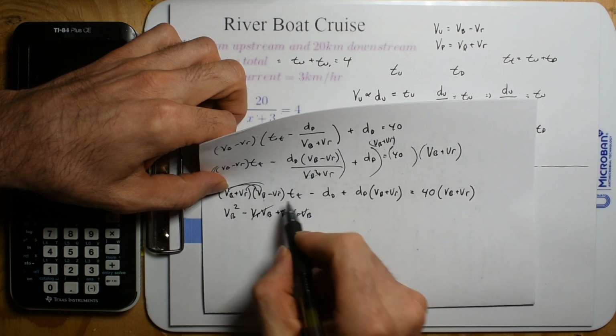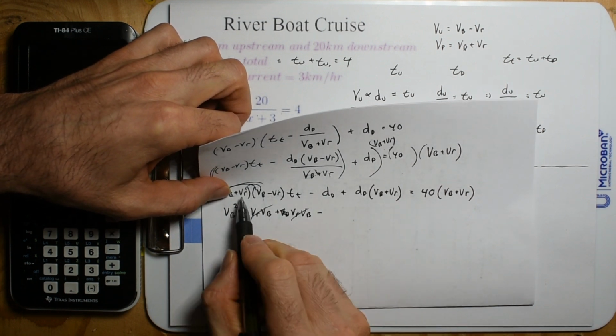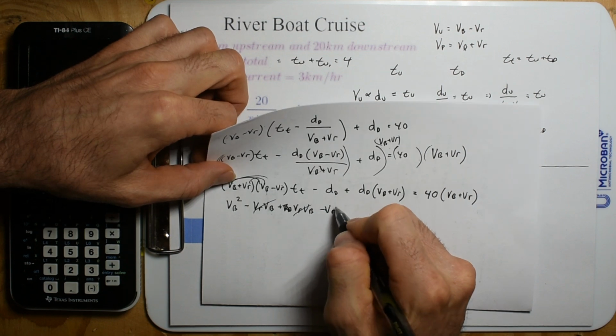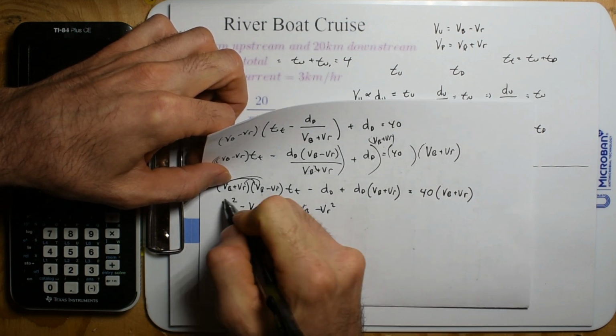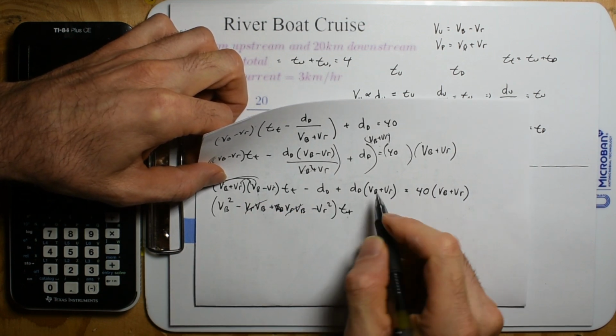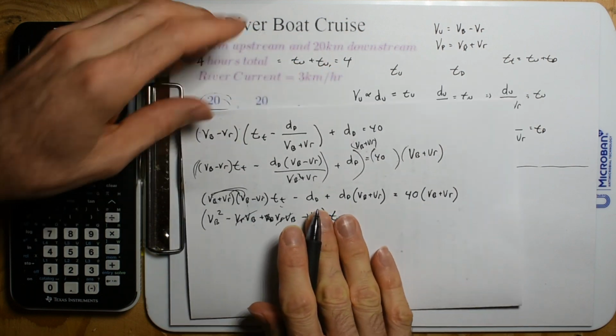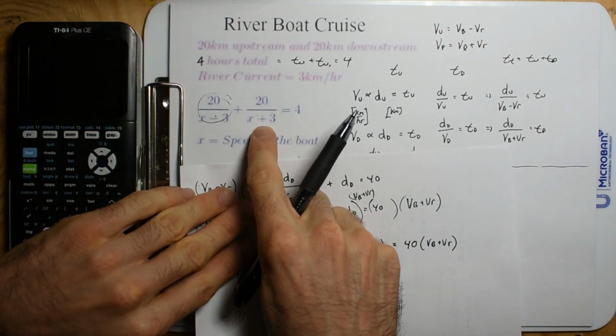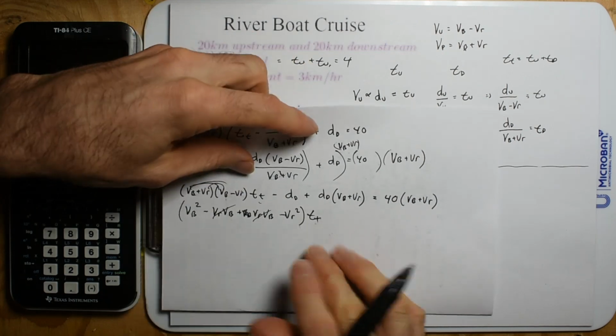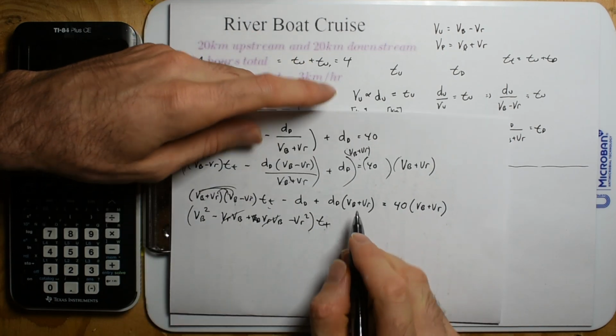Those cancel, sweet. And then we have minus VR squared. All of this is still times time. Hopefully we can do this faster, and this one should be a lot easier. Maybe it's the same amount of work, I have no idea.